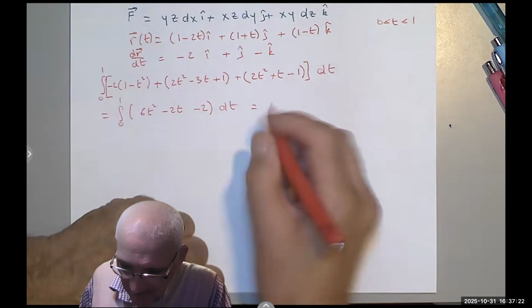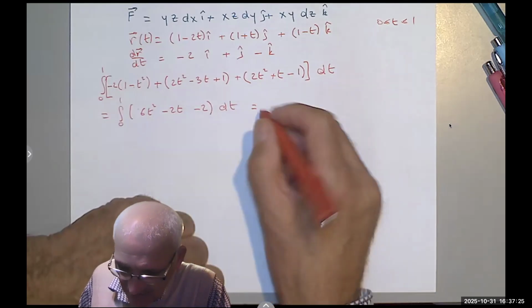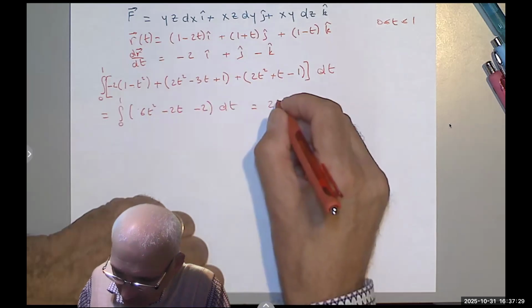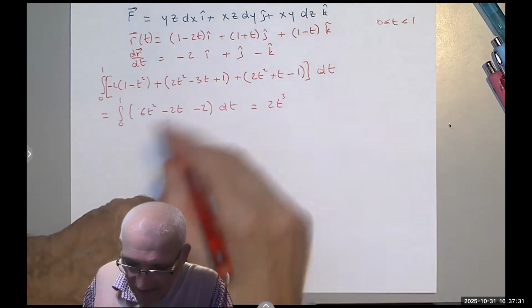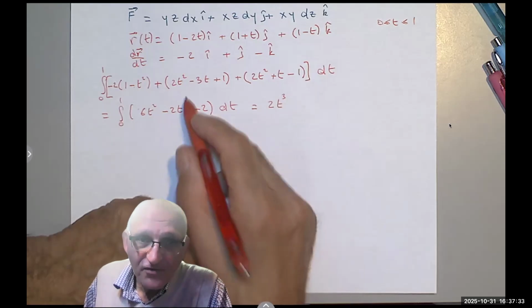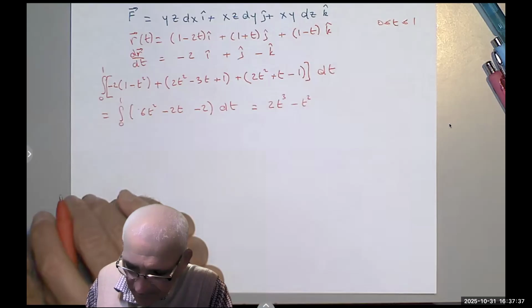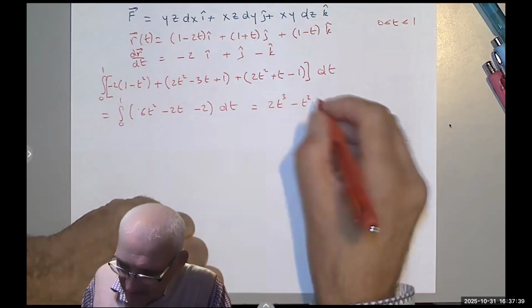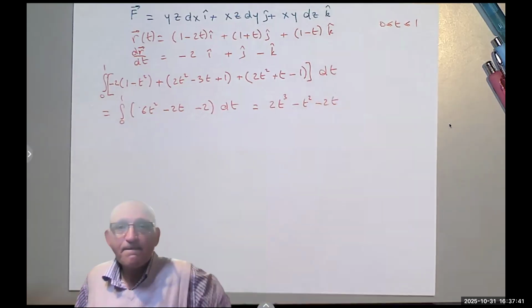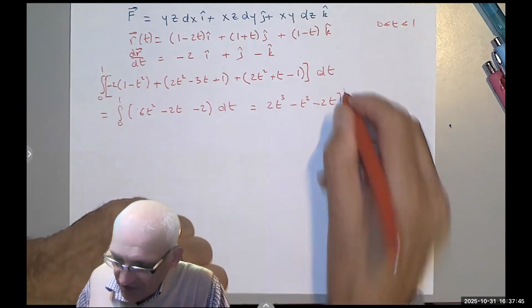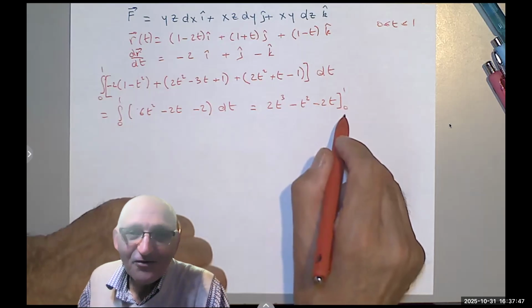Finally, I evaluate the integral. So 6t squared will be 6t cubed over 3 or 2t cubed. The negative 2t, the t squared over 2, the 2's cancel and I get negative t squared. And then the negative 2 becomes negative 2t. Again, for simplicity, I'm not going to evaluate the 0, of course.